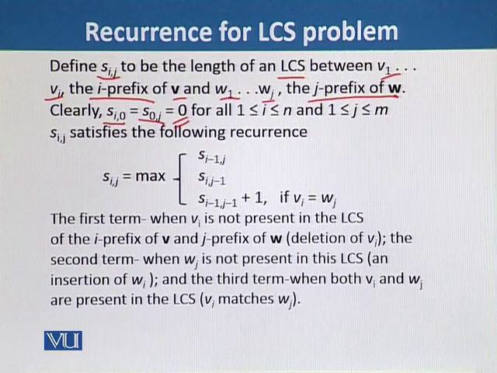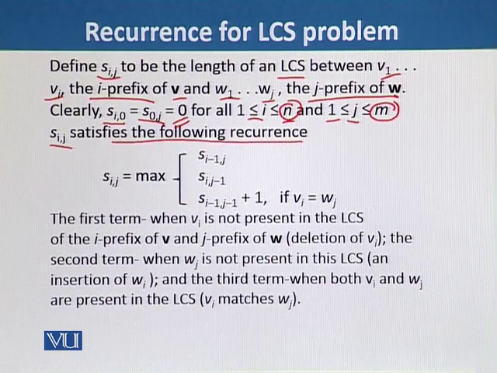And for all of these, 1 should be less than or equal to i, and i should be less than or equal to n, and similarly 1 less than or equal to j and j less than or equal to m. And these m and n are the lengths of the V and W strings. Similarly, S(i,j) satisfies the following recurrence.